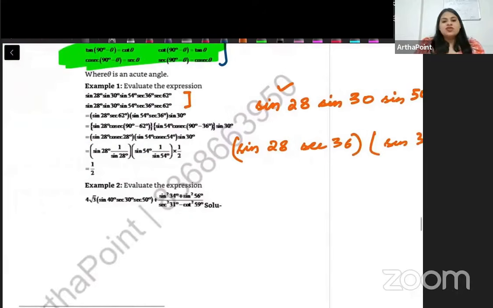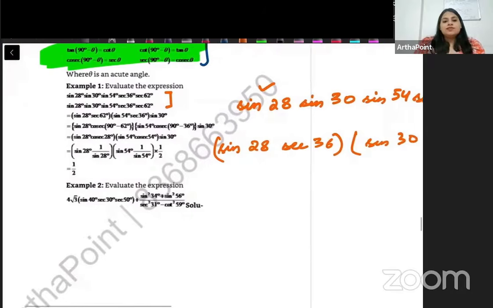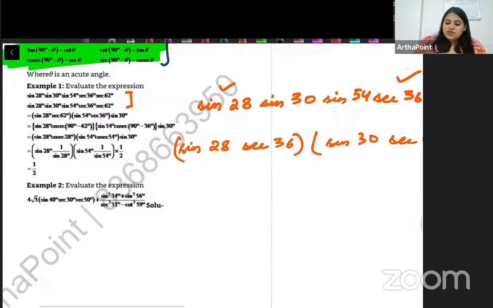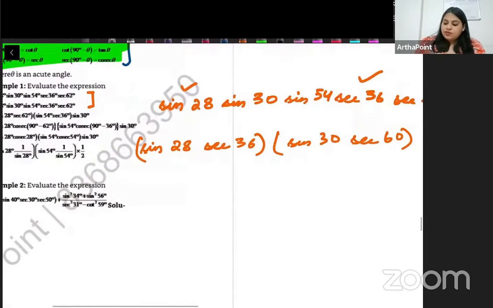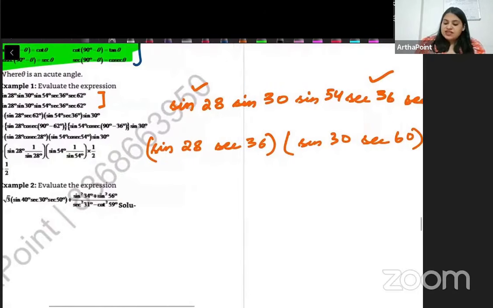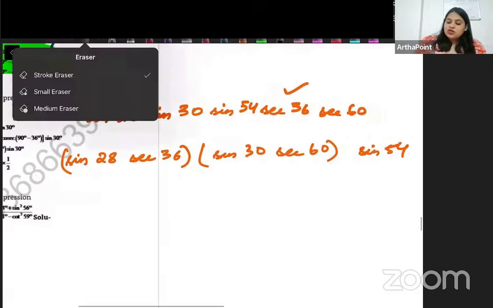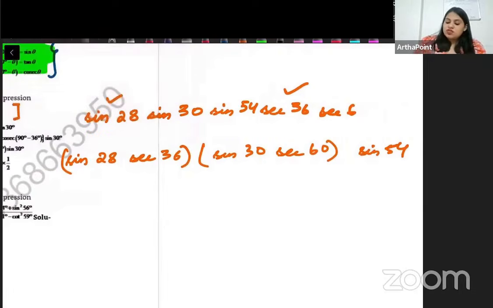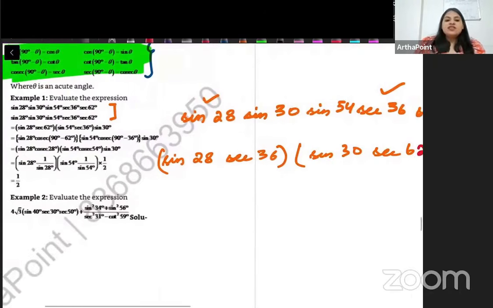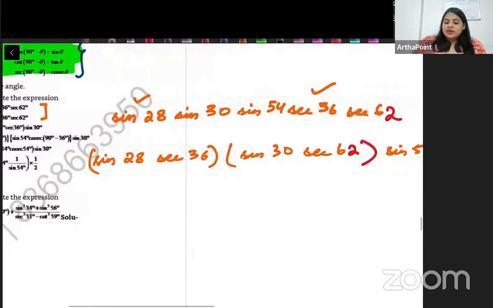Let me write it like this. Sorry, this will be 54. Sec is 62, sorry. Sec is not 30, 60. This is 62. So if it is 62, then with 62, let me bring in 28.